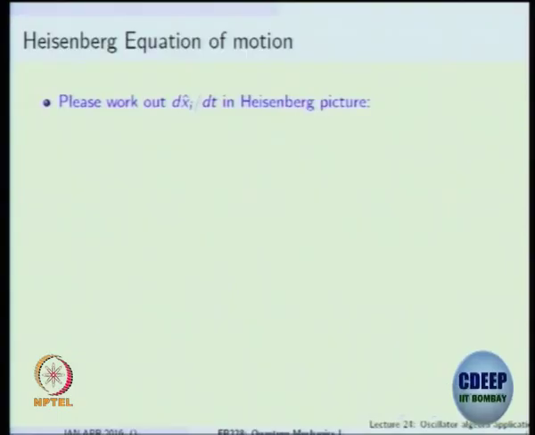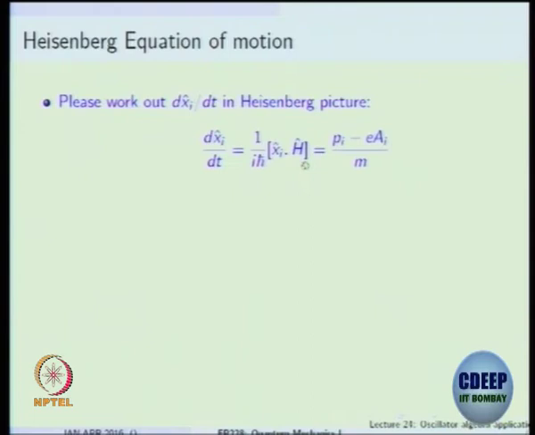Okay, so now that we have got the energy spectrum, if you recall for this Hamiltonian, I said you should get the Lorentz force. I don't know how many of you have already worked it out, but if you have not, recall Ehrenfest's theorem, and that should be obtainable in the Heisenberg picture, writing the Heisenberg equations of motion. So in the Heisenberg picture, work out dxi by dt, which is given by your familiar commutator of xi with the Hamiltonian.